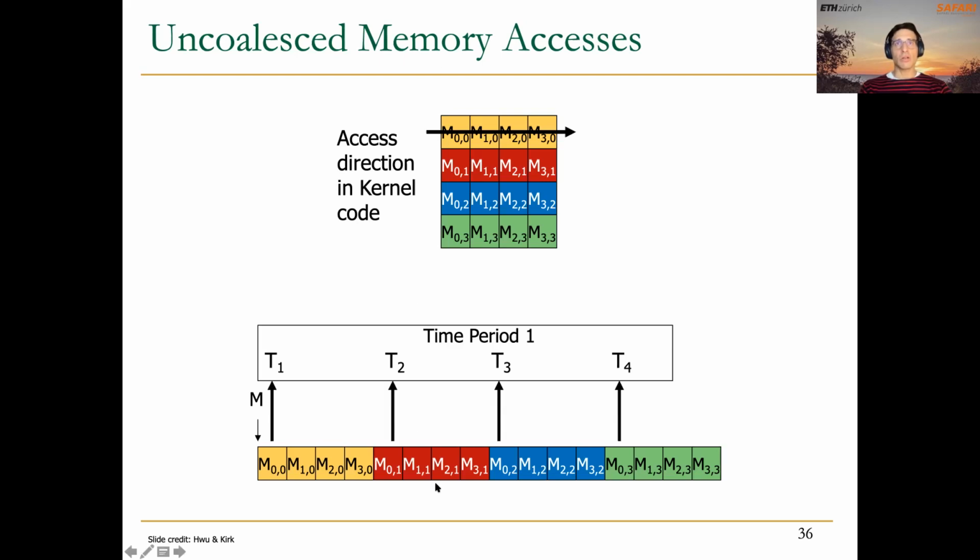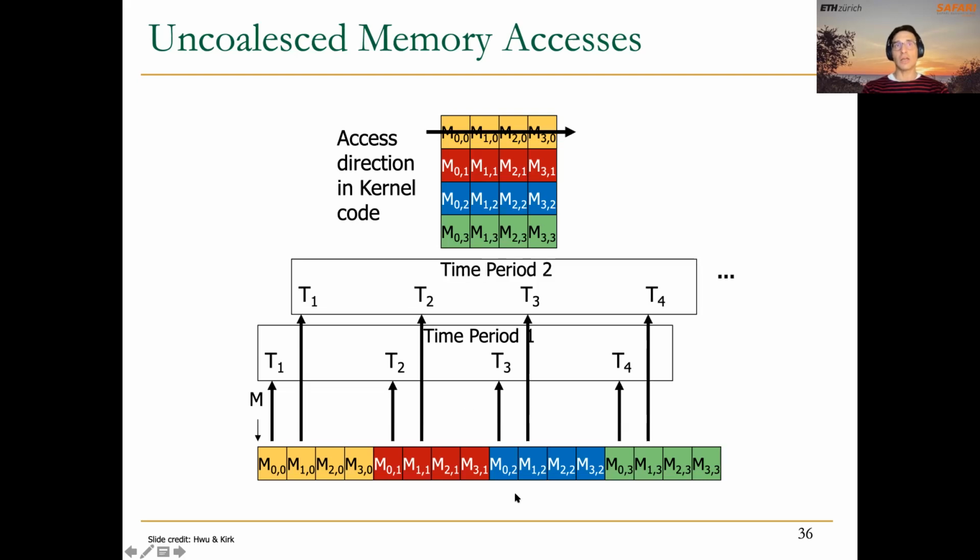In the first access, thread 1 accesses this element M00, thread 2 accesses this element M01, thread 3 accesses this element M02. And in the next cycle, thread 1 accesses the next element in the yellow row, thread 2 accesses the next element in the red row, and so on.